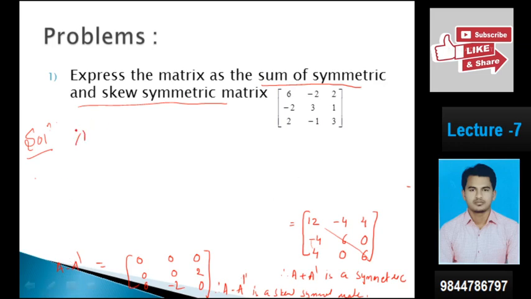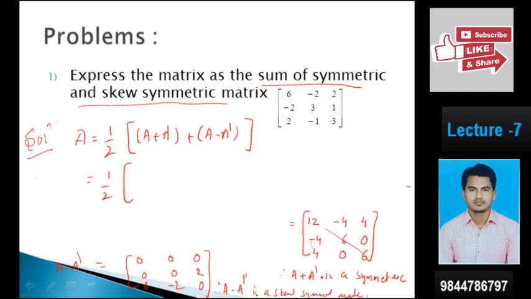So what is the formula? A is equal to 1 by 2, be careful, big bracket, A plus A dash plus A minus A dash, bracket close, is equal to 1 by 2. What is our A plus A dash?